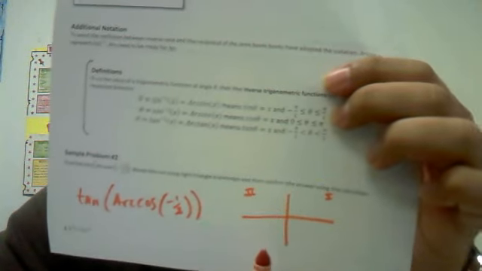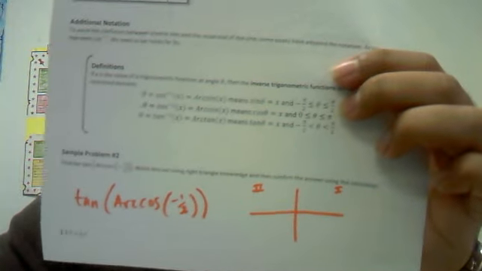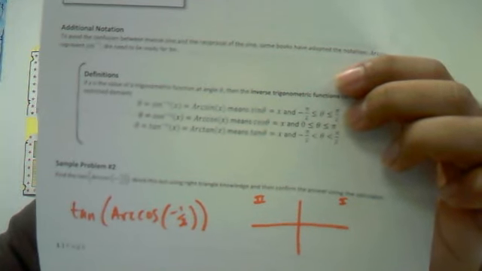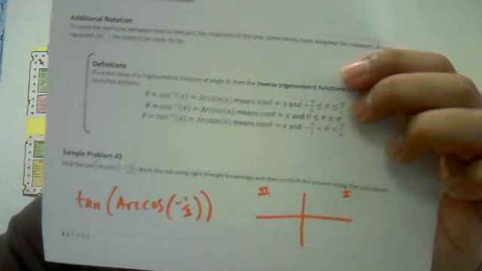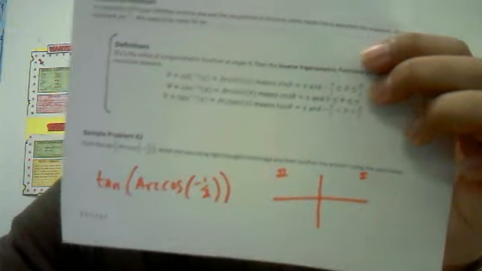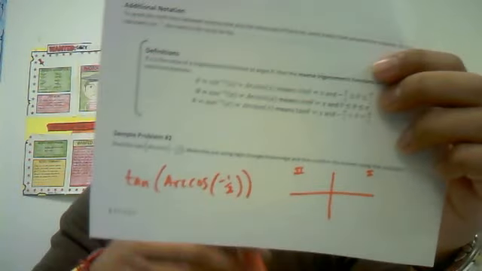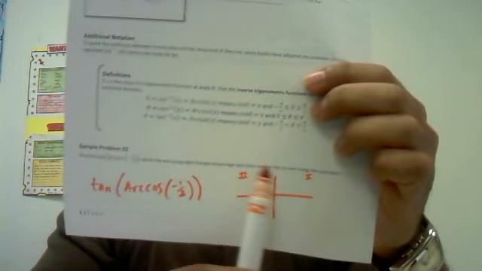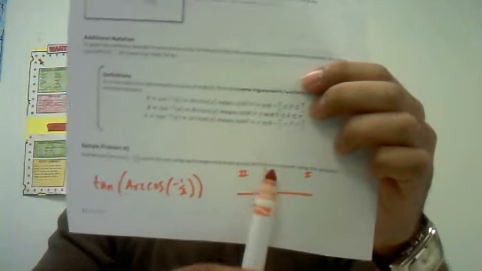Well, in these two quadrants, where is the cosine going to be negative? We know that cosine is negative in quadrant number 2, out of our two stores. So we know that we're going to go shopping in quadrant number 2.